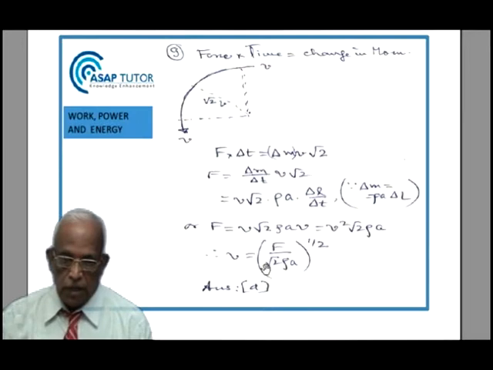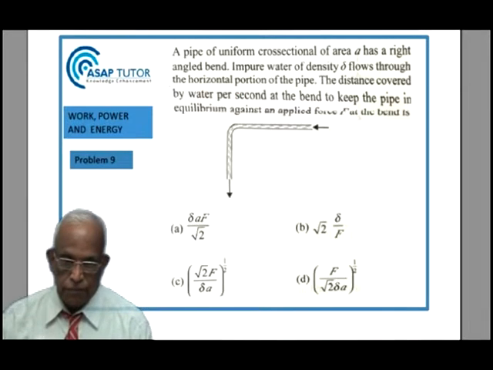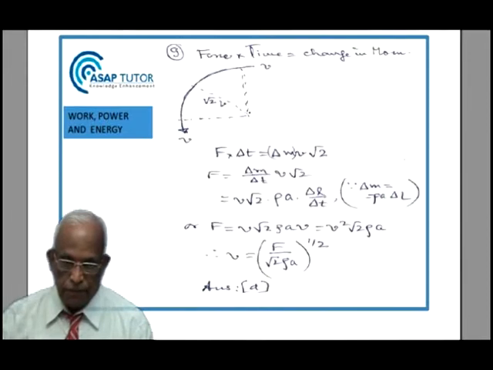So v is nothing but F over root 2 rho A raised to half. Answer is D, not A: F over root 2 delta A raised to half.